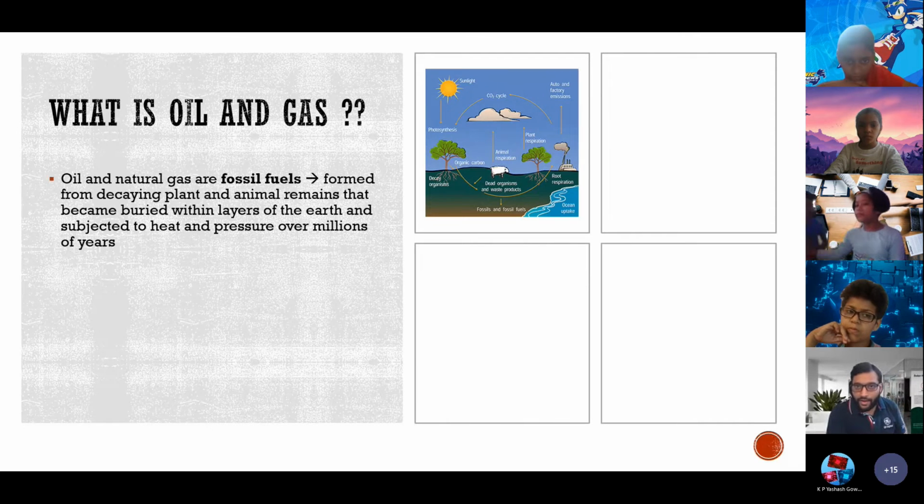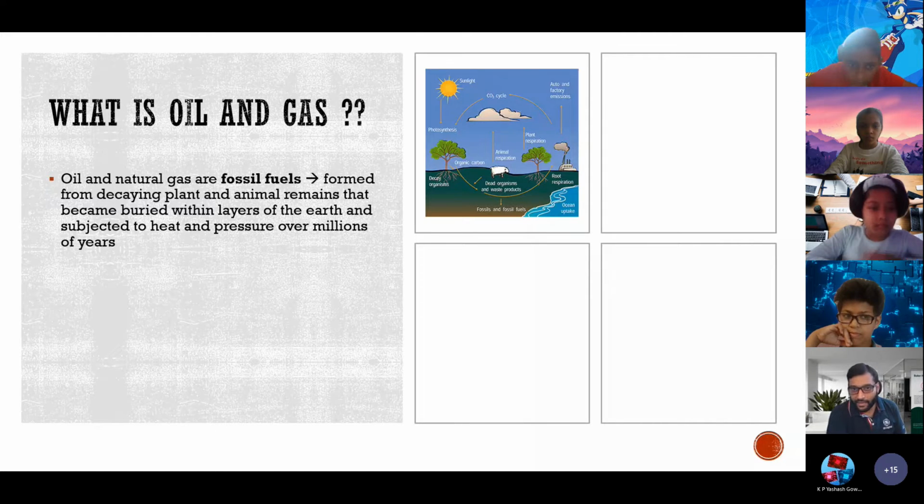So oil, as you see, is a fossil fuel, right? What is a fossil fuel? Any carbon form from plants and animals which, when it decays and is buried within the earth for millions and millions of years, becomes oil or gas, right?